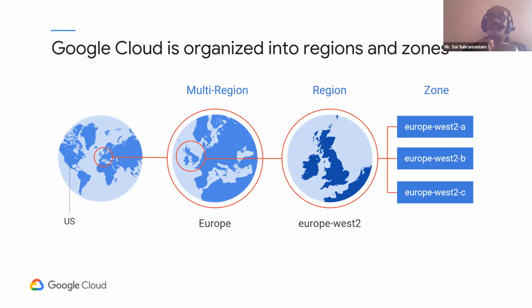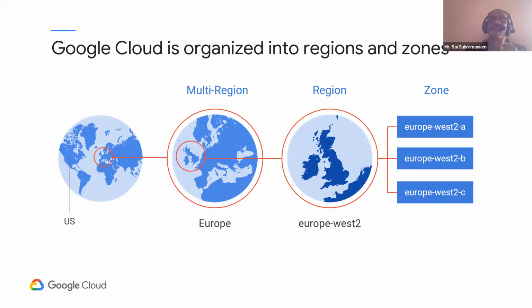So you need to select the region, and in the region you need to select the appropriate zone where you want to deploy the virtual machine. So whenever we say region, as per the slide here, you can see Europe-West 2. This is the naming convention of a particular region that is present in the Google Cloud Platform.